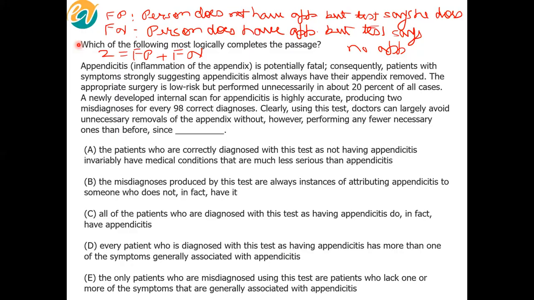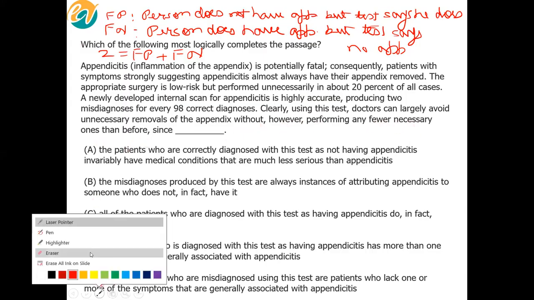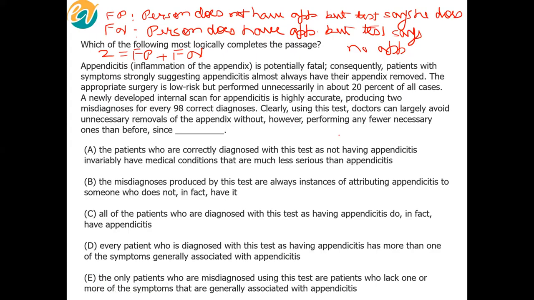Guys, are you with me? Right? So to accomplish this goal, without performing any fewer necessary ones than before, false negative must be 0, right? So in other words, both these instances of misdiagnosis have to be only and only what?